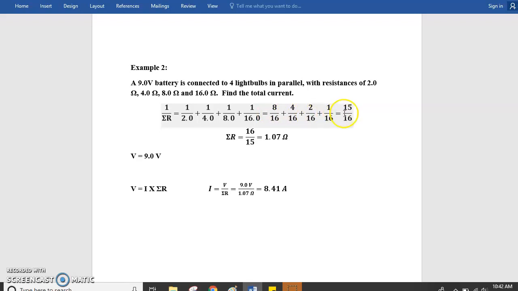That's 15 sixteenths. Then I have to flip it upside down to find just R. 16 over 15, 1.07 ohms is the total resistance. Voltage is still 9 volts from the battery. So again, I equals voltage divided by the total resistance. 9 divided by 1.07 gives me 8.41 amps as the total current.